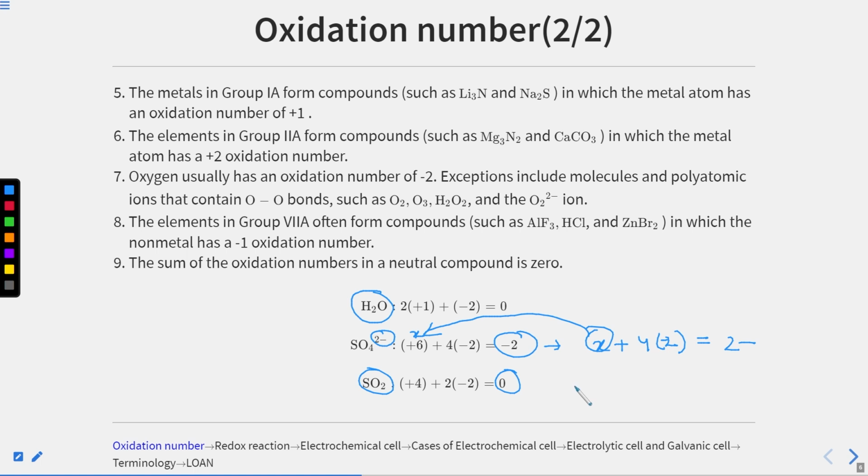So in this way you can calculate the oxidation number of your unknown atom. If you are confused about it, you can use this simple trick, or formula, anything you want, and find the oxidation number. Now remember all these 8 points. We will be using all of these 8 points back and forth in the coming slides.